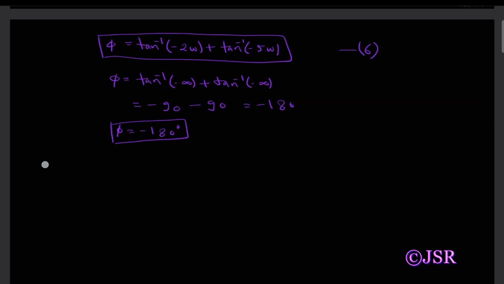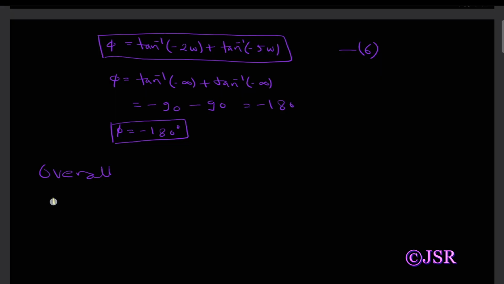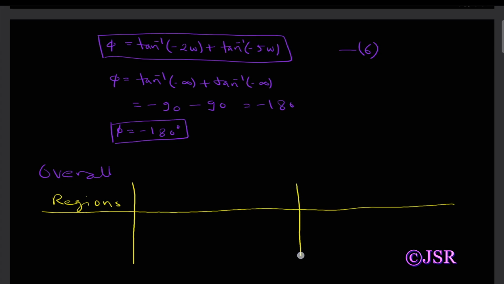So overall we have 4 regions. And here we will have the amplitude ratio and here we will have the phase shift.